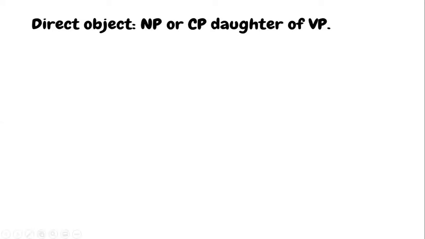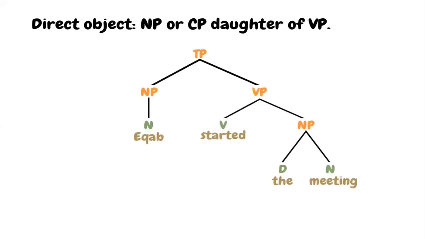So let's see some examples. In this tree, we have Agab started the meeting. So the constituent here, the meeting, is the NP that is daughter of VP, headed by the transitive verb started that has the feature NP underscore NP.